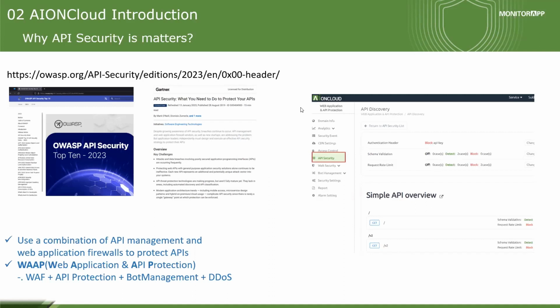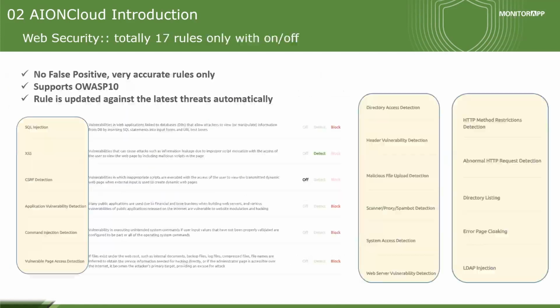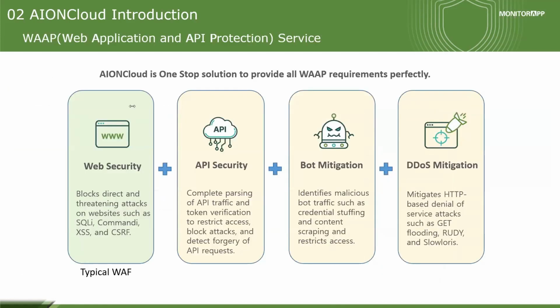Next question: what are the safety measures when it is being attacked? We can have several types of attack. Since IonCloud provides WAAP, if you are getting a DDoS attack, L3, L4, or L7, no problem.